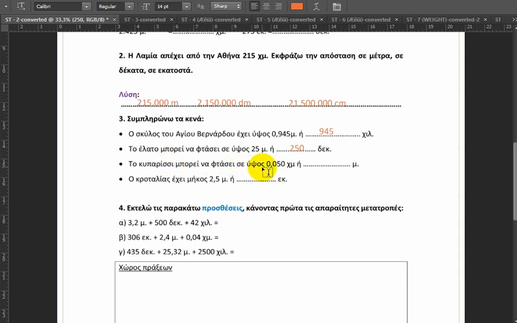Another tree that can reach a height of 0.050 kilometers, or in meters, if I times this by 1,000, I would get 50. Next up, we have a rattlesnake that can reach a length of 2.5 meters, or in centimeters, meaning I need to multiply this by 100. If I do 2.5 times 100, I would get 250.